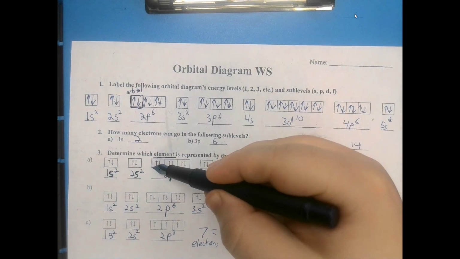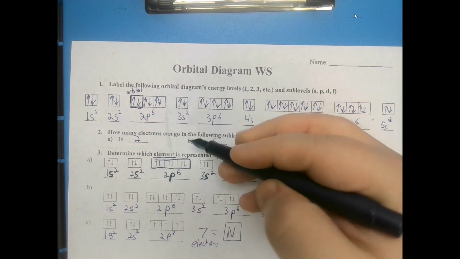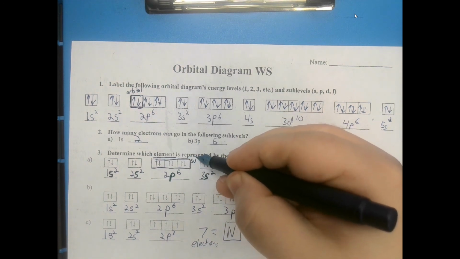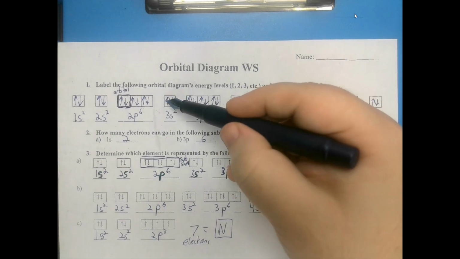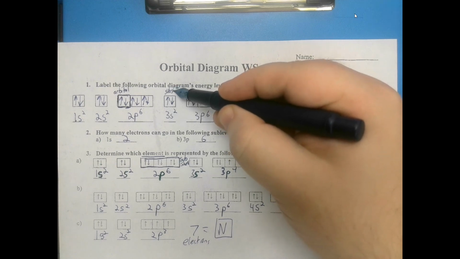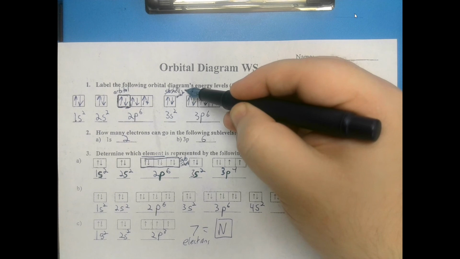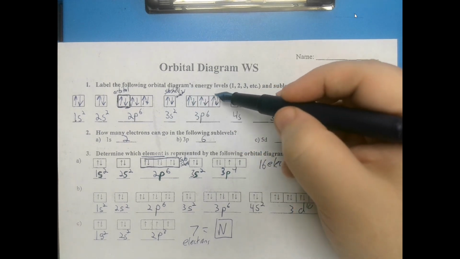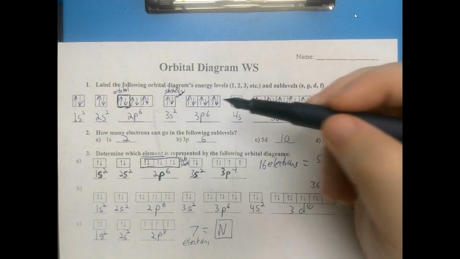This whole block is called a subshell. And this is also a subshell and an orbital at the same time. This whole thing is a subshell and has 3 orbitals.